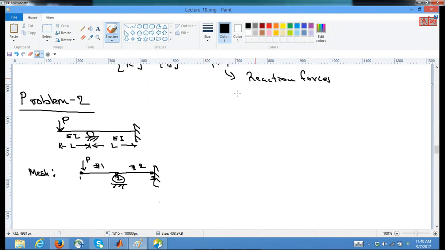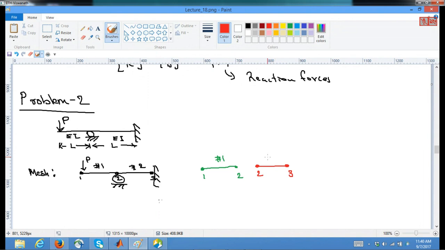So let me take it again. This is element 1 with node 1 and node 2, and element 2 which is node 2, node 3.